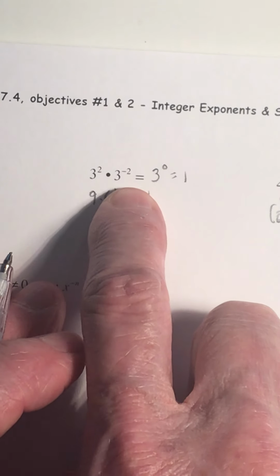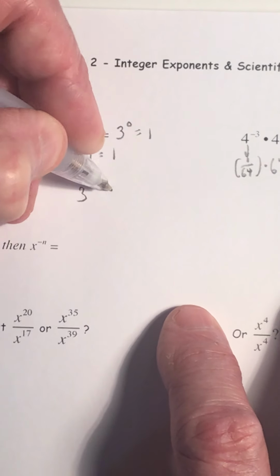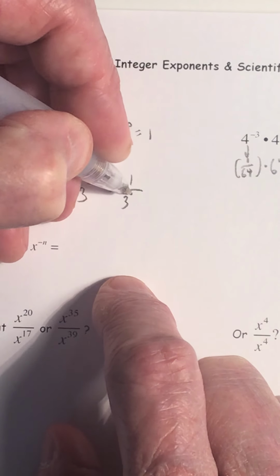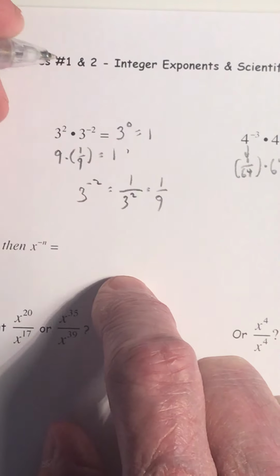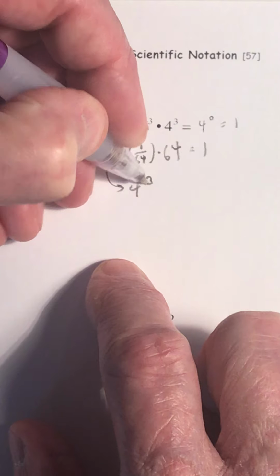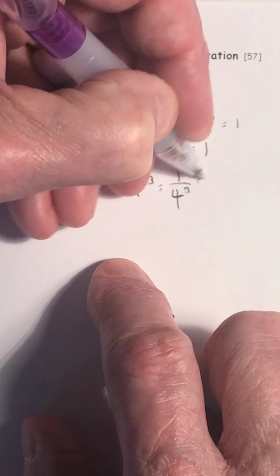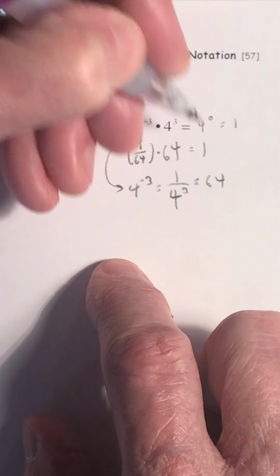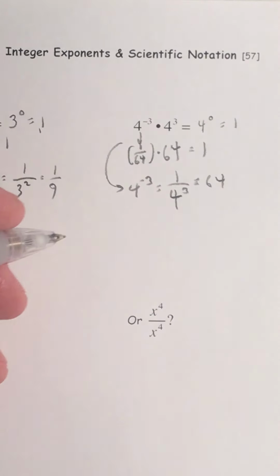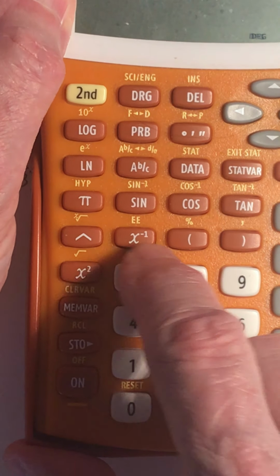See, what this negative exponent really means is that you have 1 over that same base to the positive power. See, there's another way of writing 1/9. 4 to the negative 3 really means 1 over 4 to the positive 3, which is 64. So it's really not negative, it's really more like inverse. And you even see that on the calculator. If you look right here, see this key, x to the negative 1?